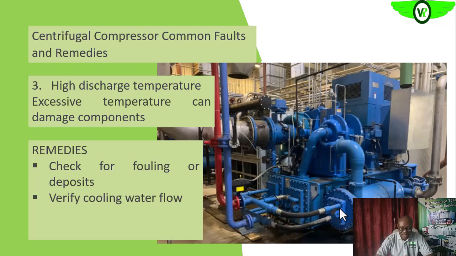Then the cooling water, the temperature at which it is entering. Those are operational parameters, so we want to make sure that it is maintained at what is recommended in our facility. Then the temperature at which the cooling water is coming out will also give us an indication of what is actually happening within the intercooler.